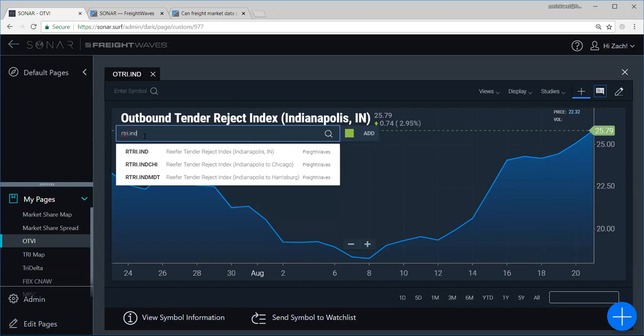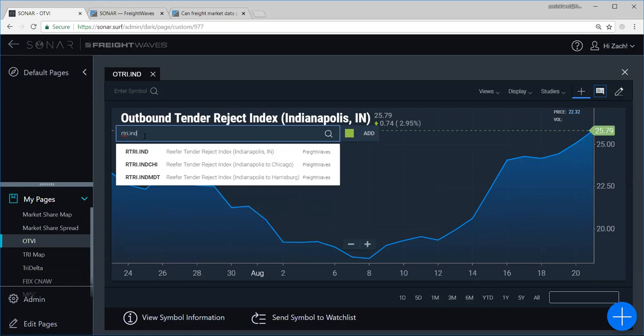As I've typed in rtry.ind, you can see which particular markets and lanes are available for the reefer tender rejection index. Reefer obviously is a very volatile thing, and therefore there's a little bit less volume of reefer trailers available on the contract side.